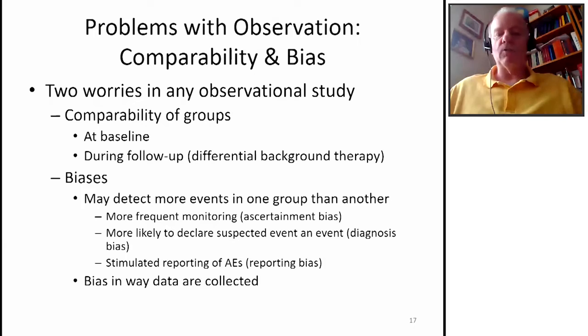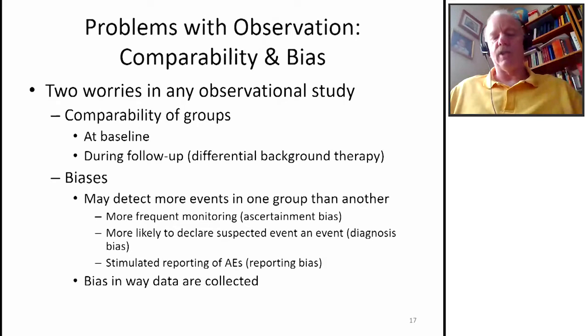And maybe you're more likely to suspect that there was a certain event if you know that the person has a certain risk factor. You might say, okay, my suspicion is confirmed that they did have this event, this heart attack, or whatever the event was. Then there's also the problem of stimulated reporting of adverse events. This is called a reporting bias.